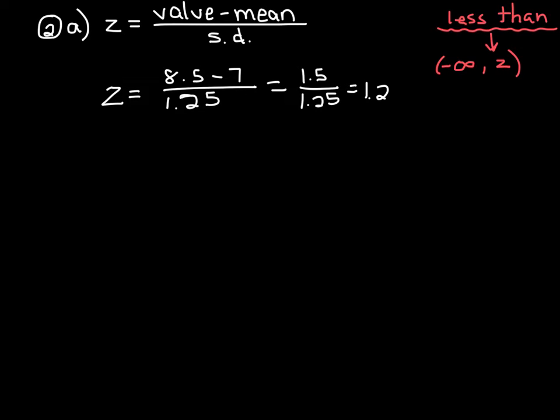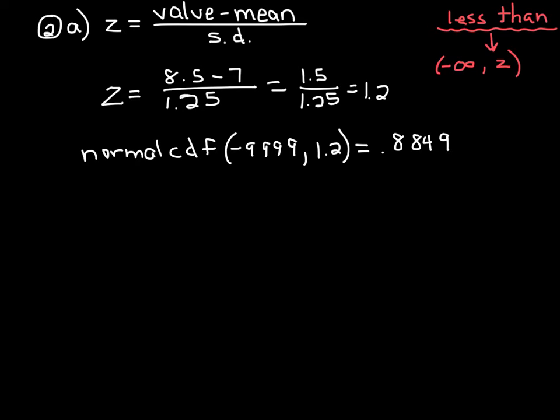So in your calculator, when you go to normal cumulative density function, CDF, you're going to start at a very small value, negative infinity. So we just use negative 9999, and we're going to go up to our z-score of 1.2. All right, so you can do this in your calculator. You could tell it to calculate, and when you do, you'll see it gives you approximately 0.8849.